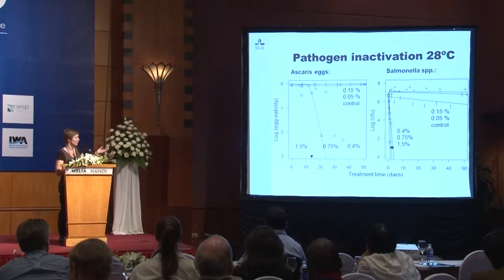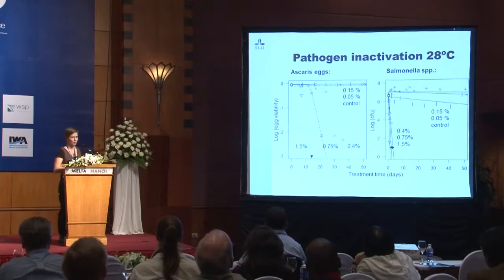Whereas for the Salmonella, you can see that some kind of threshold concentration was found, like with 0.4 percent of urea, the inactivation is quite fast and doesn't differ that much from the higher additions because it's rather sensitive to ammonia. Whereas with a low dose of 0.15 percent, the inactivation was not that much faster compared to the control that did not have any urea added to the toilet waste.